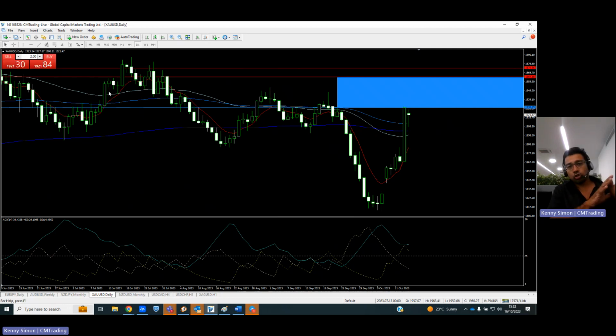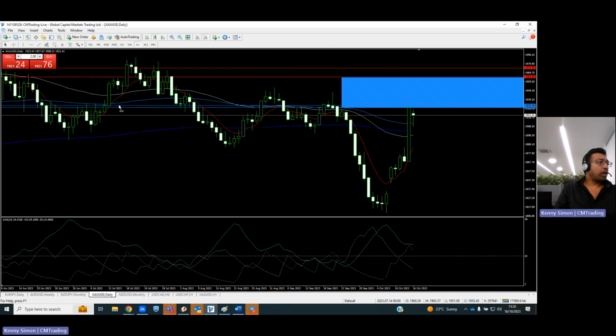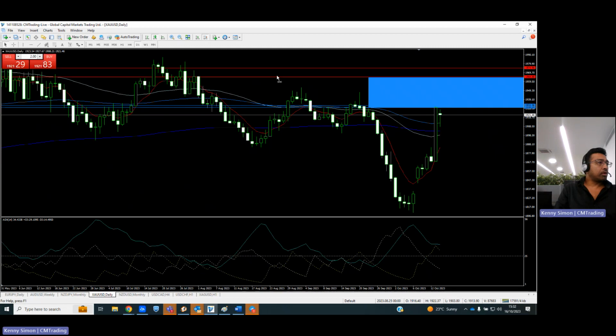So I'll use that bullish mother candle as a reference of where I could buy and where I could exit. So this is based on the daily chart. So based on the opening price, I would think that a safer area to buy is not only above 1930, but above 1932. So that's because it's based on the opening price of this bullish mother candle right here.